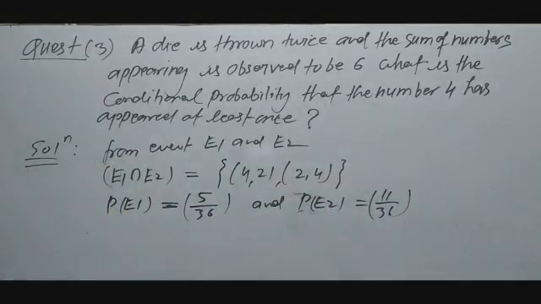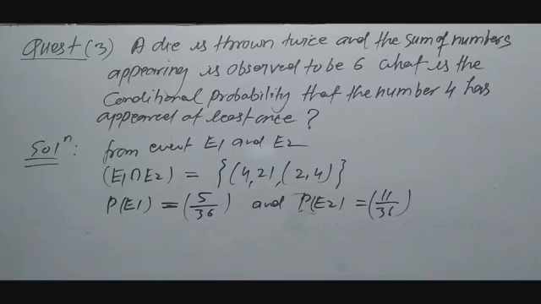Now we have to calculate the conditional probability that 4 has appeared at least once, given that the sum is 6. So we have to find the probability of getting 4 at least once when sum as 6 has already occurred.